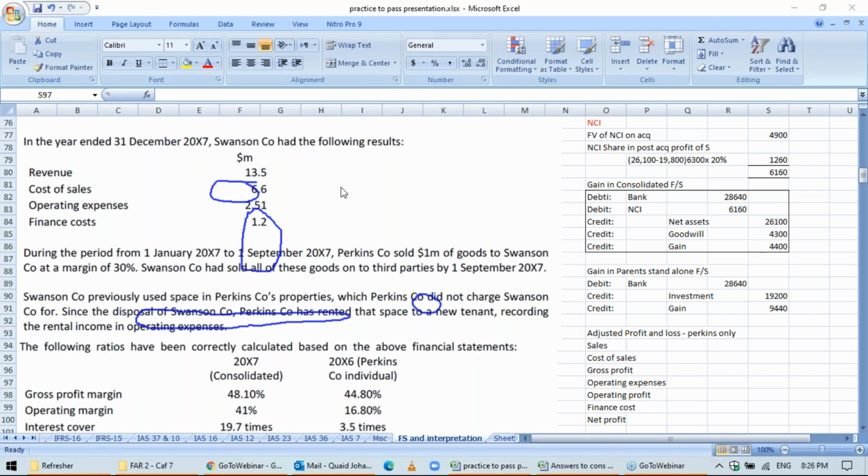So let's make the adjustment, students. Sales. Now the consolidated sales was 46,220.